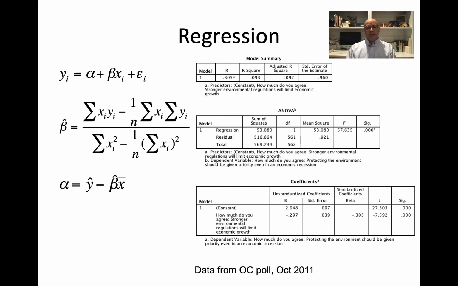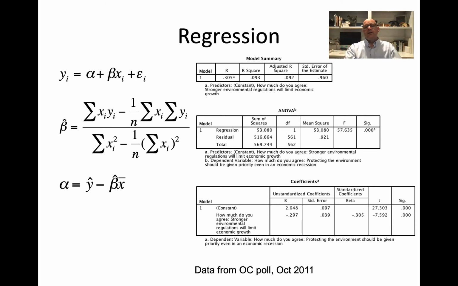So knowing how people feel about environmental regulations limiting economic growth predicts about 9% of the variation in how much they agree protecting the environment should be given priority even in an economic recession. So 0.093 is actually very small, explaining less than 10% of the variation.